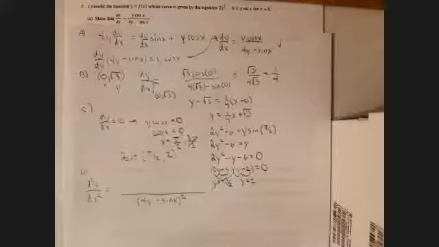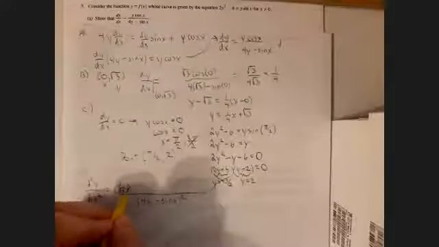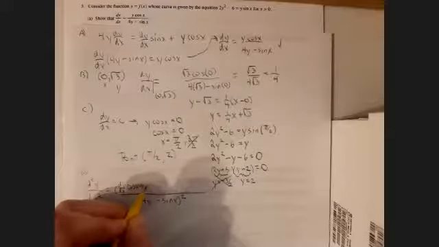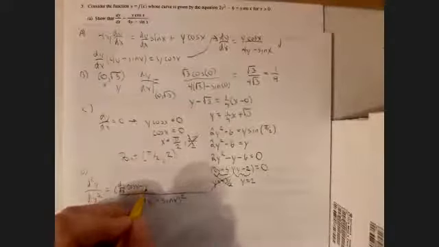Okay, so the derivative of the top is a product rule, so you have to be careful here. dy dx cosine x plus, well, it's going to end up being negative because the derivative of cosine is negative sine.